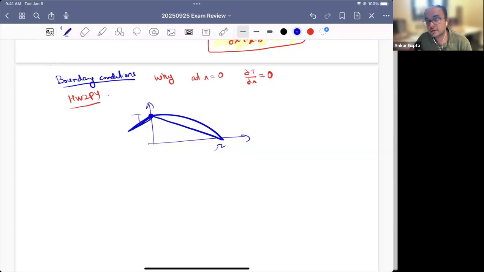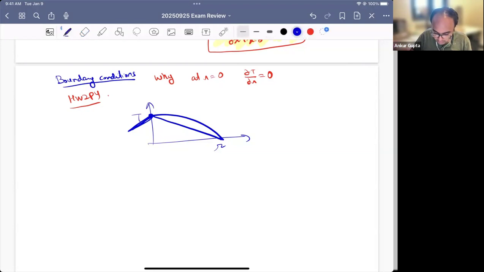That's also not physical because I'm kind of generating or consuming heat at that point. Because it's a point, it has to have a well-behaved system. I cannot create heat, so that's the other way to think about it.